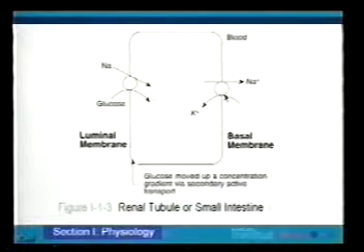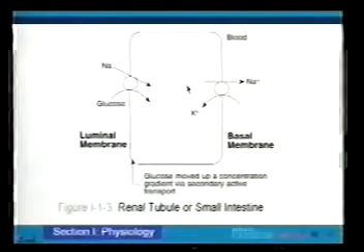Now, the first big point here is, it doesn't matter what example of secondary active transport you are dealing with. Secondary active transport is always powered by the sodium-potassium pump. And in these specific examples, the sodium-potassium pump is on the basal membrane. This pump has ATPase activity, and it directly uses ATP as a source of energy. In this instance, this sodium-potassium pump functions to maintain a very low intracellular sodium concentration.